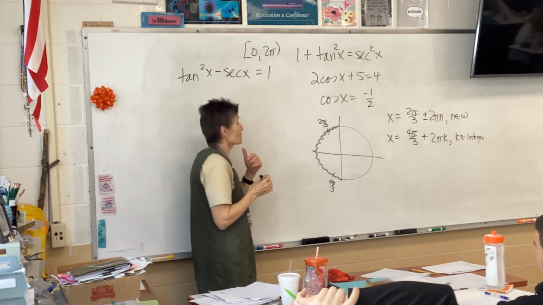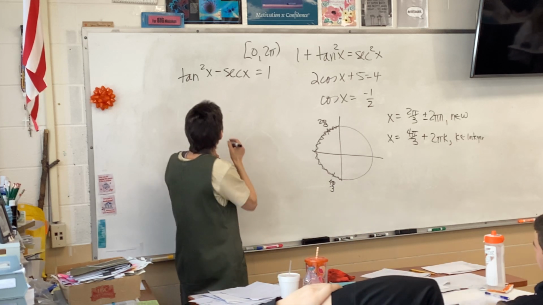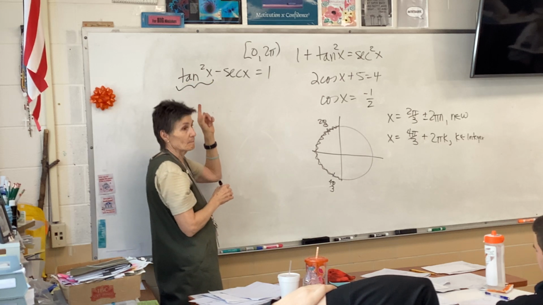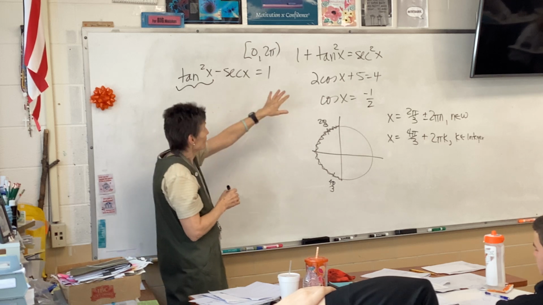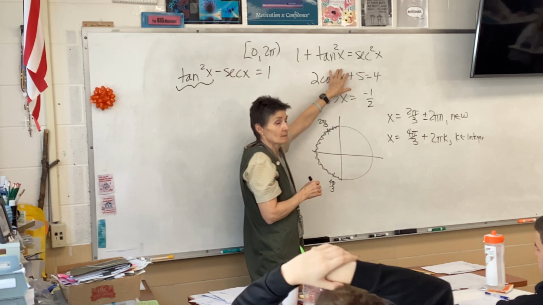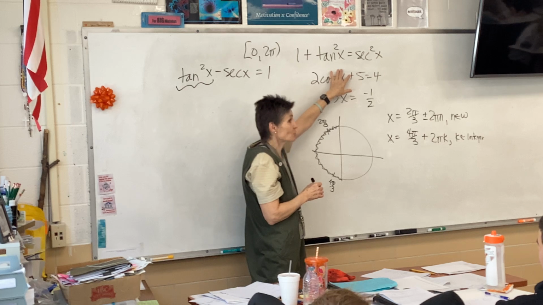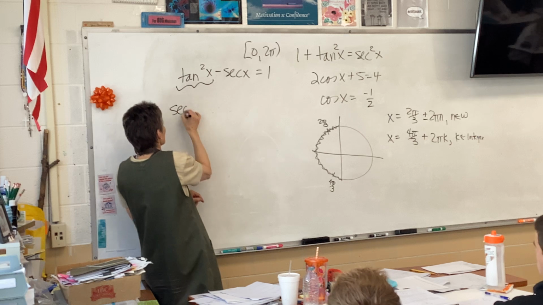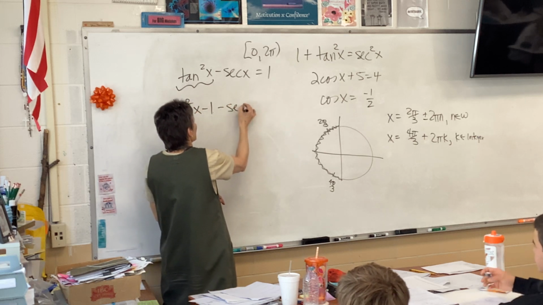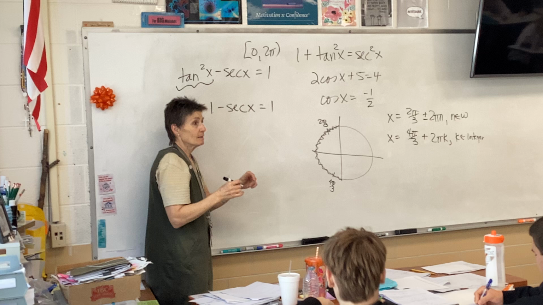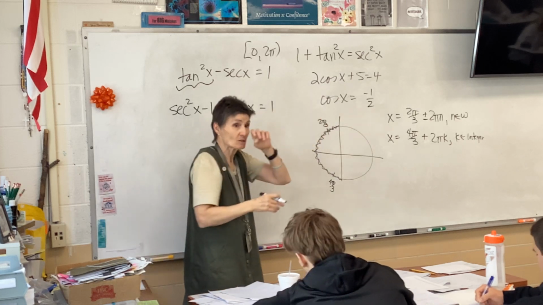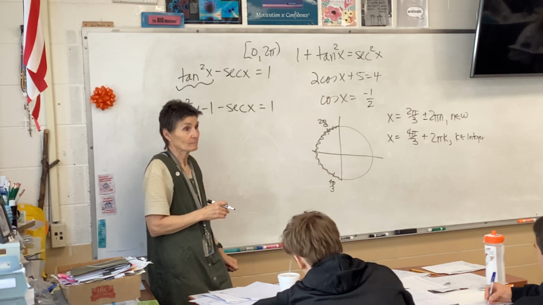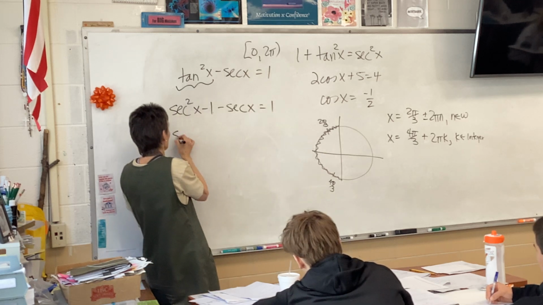Right? So now how will that help me? Well, I can replace that. What can I replace that with? What's tangent squared? Secant squared minus 1. Move the 1 over. Now, why is that something that would be desirable for me to do, you guys? Because now it's all the same. Now it's all secants. Now I might be able to factor. So let's move the 1 over.